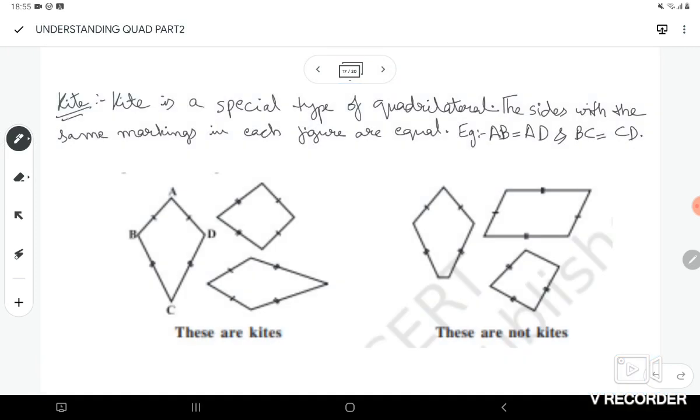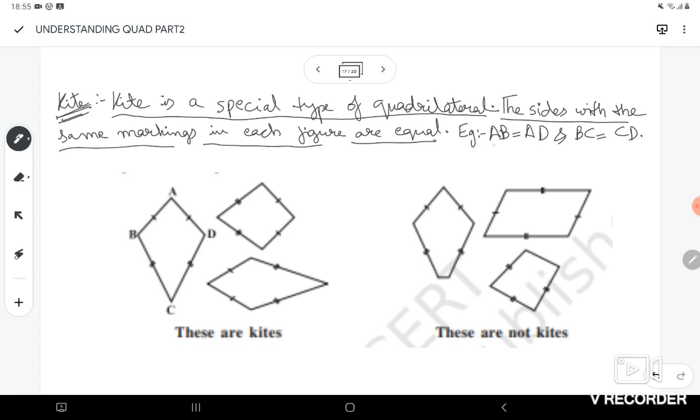Now another type of quadrilateral is the kite. A kite is a special type of quadrilateral. The sides with the same markings in each figure are equal.